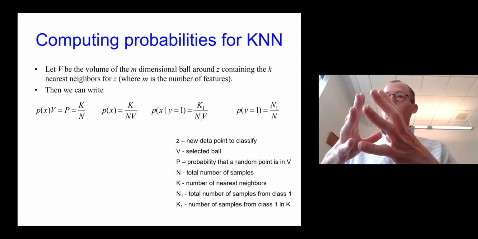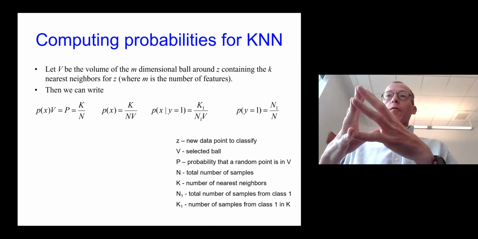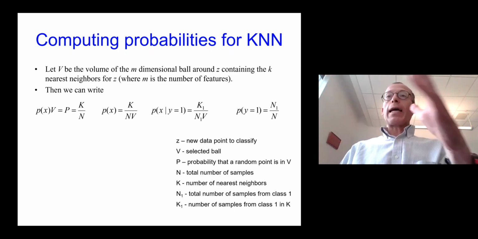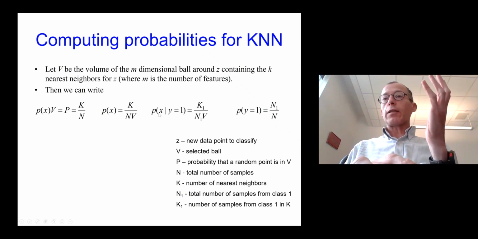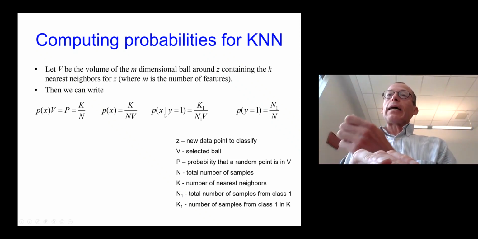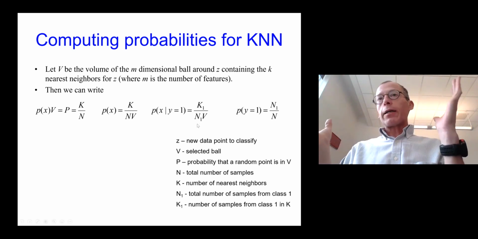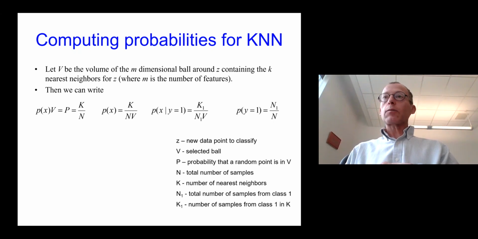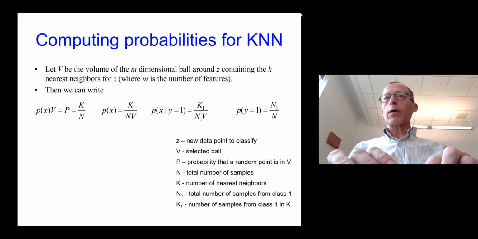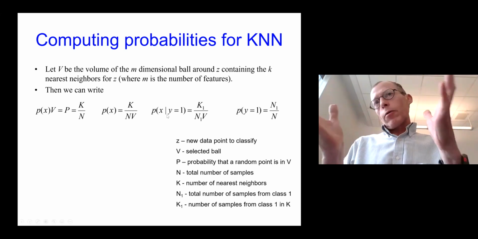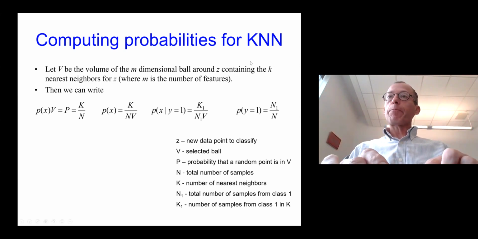We know the size of the ball, and within that ball we have K1, the number of samples from class 1, over N1, the total number of class 1 samples, and the volume is the same, because we didn't change V. So the probability that a sample from class 1 is in the ball is K1 over N1, where K1 is the number of samples from class 1 in this ball and N1 is the total number of samples from class 1. Once we define the ball, we can compute these probabilities based on the observations that we have.